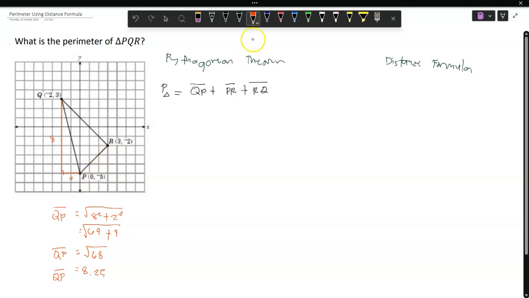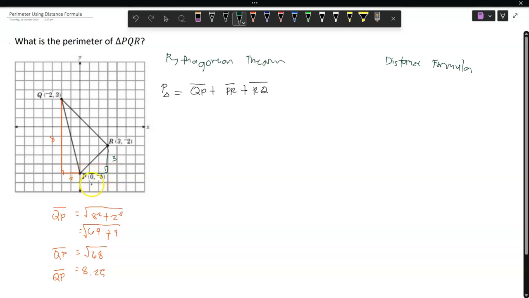Next, I'm going to look for PR. So again, I'm going to draw a right triangle here. This one. And then again, this is a right triangle. From here to here, that is just 1, 2, 3. This is 3 units. And then from here to here, that is just 1, 2, 3.